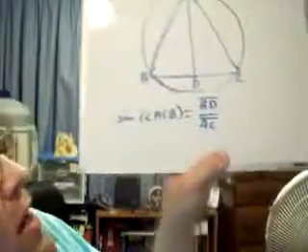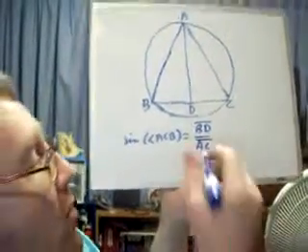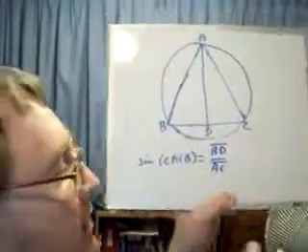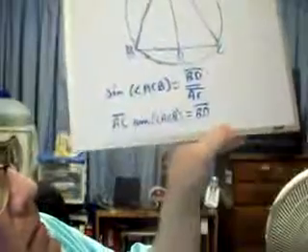Well, that's what it's equal to. Now we're going to multiply both sides of the equation by AC, and what we're going to get is this.